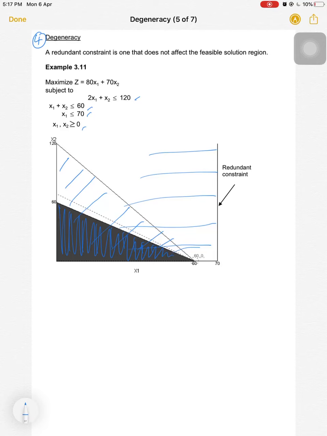As you can see, whether this constraint exists or does not exist, the solution stays the same. It does not change, so we still have an optimal solution.